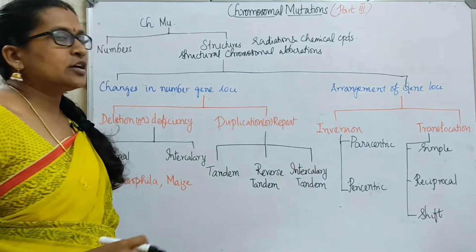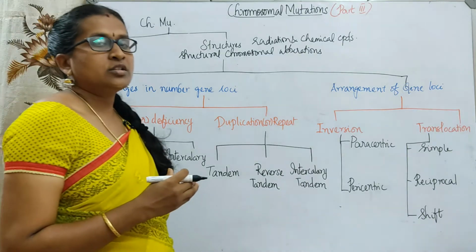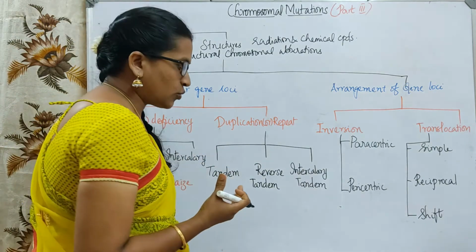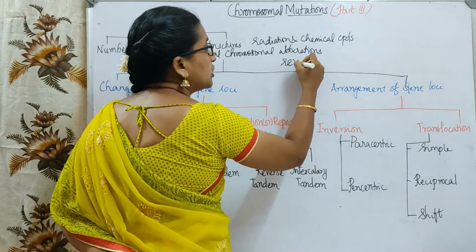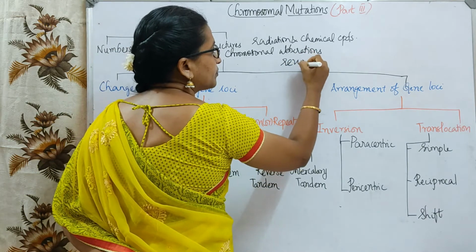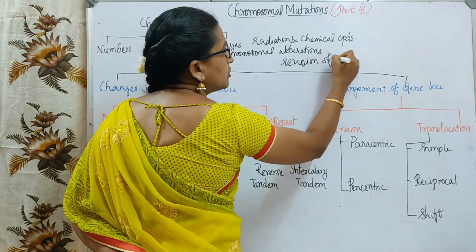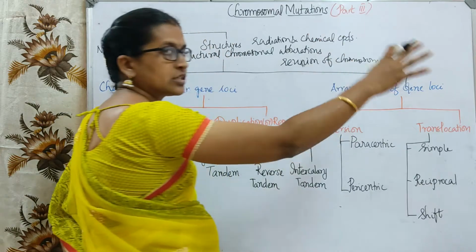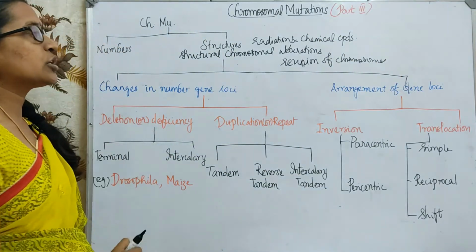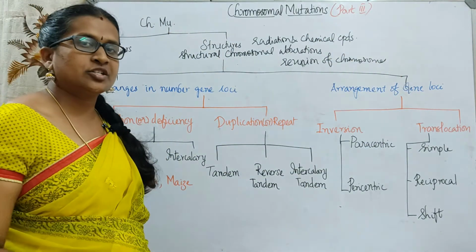Here we can rejoin, or exactly the word is reunion. So reunion of chromosomes occurs in structural chromosomal aberrations.